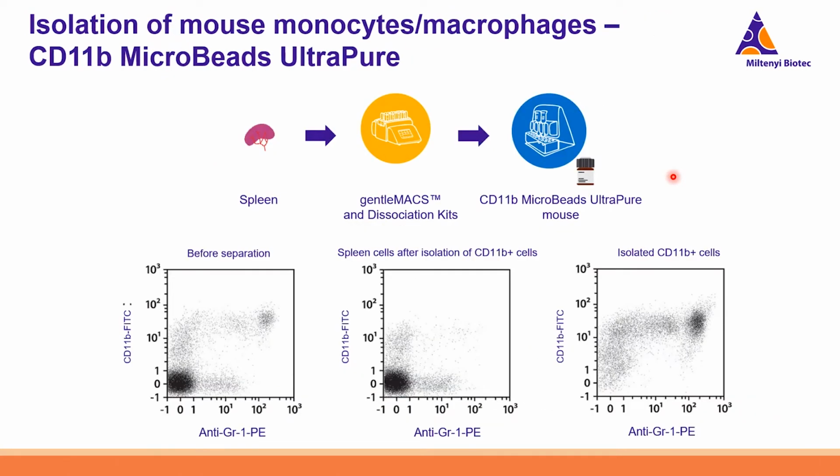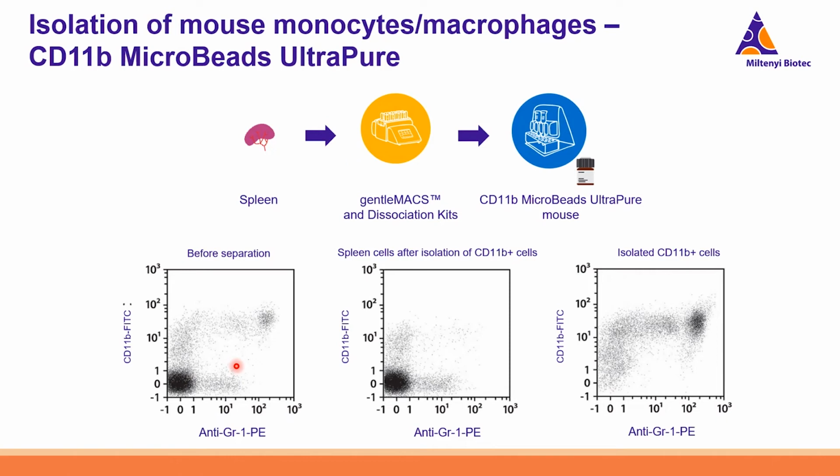And for the isolation of mouse monocytes and macrophages from blood or lymphoid tissues, we have the CD11b MicroBeads UltraPure. You observe here in the dot plots CD11b positive cells isolated from a spleen using CD11b MicroBeads UltraPure mouse, stained with CD11b FITC and anti-GR1 antibodies and analyzed by flow cytometry.